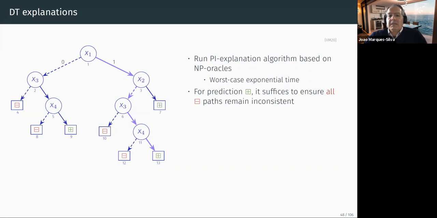Now, the interesting part is that notice that actually here it's like we are trying to cancel paths. So if I want to get prediction plus, what I really need is to ensure that all the negative paths are going to remain inconsistent. So I want to drop literals and guarantee that the only path that I can still get to will predict plus, okay?